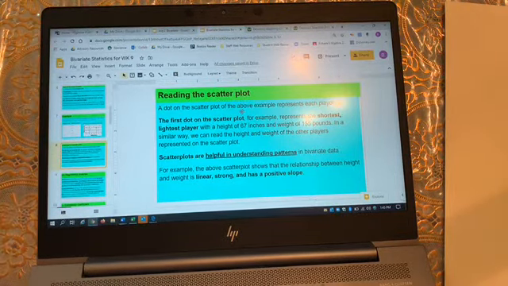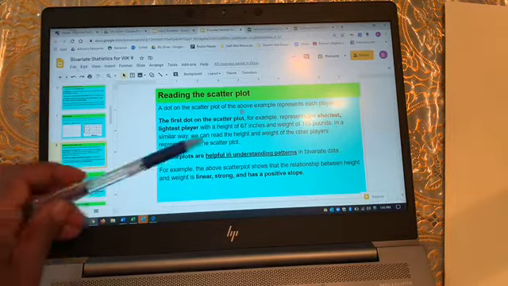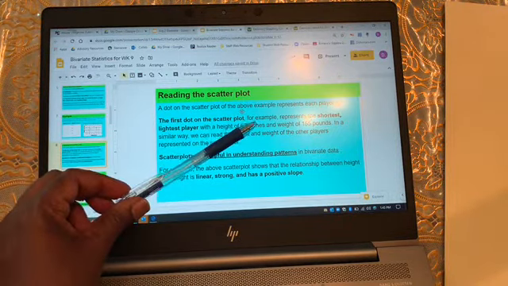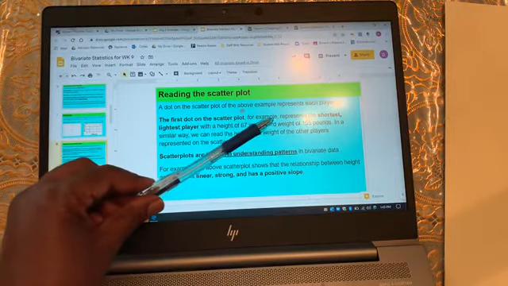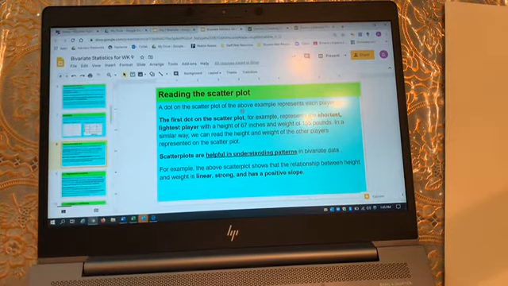For example, the above scatter plot shows the relationship between height and weight is linear. It goes in a linear pattern, and it is strong and has a positive slope. As we know, a line which goes from left to right increasingly has a positive slope.